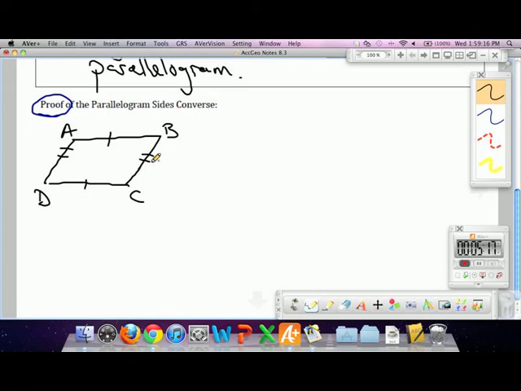The trick to explaining why is to draw a missing segment. Let's draw a diagonal, how about this diagonal from B to D? By doing that, what have I created? Two triangles. So my explanation will go as follows. What do I know about the two triangles that I just made?